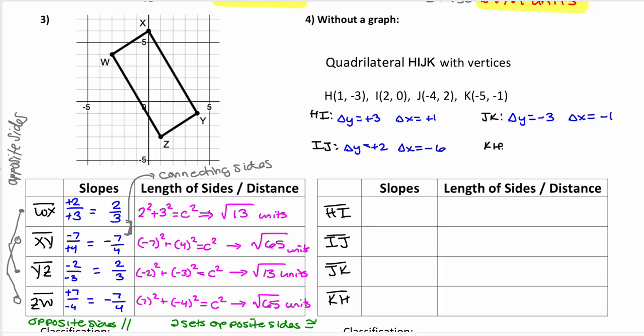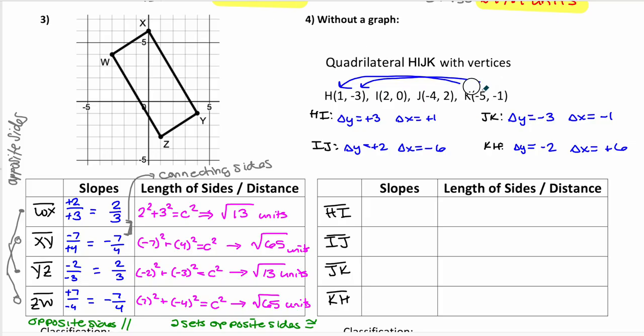And then our last one, from K back to H, our change in y goes from -1 back to -3, which is a subtraction of 2. Our change in x goes from -5 to +1, which is an addition of 6.